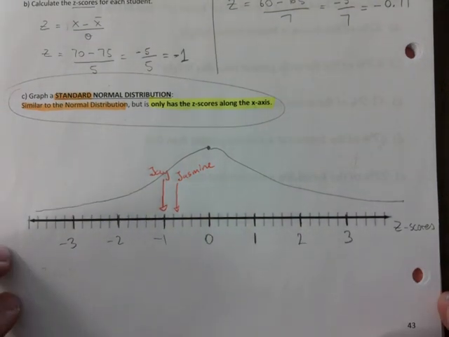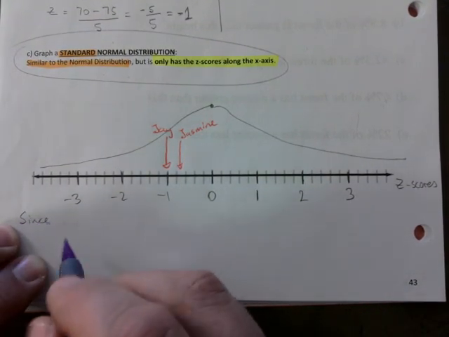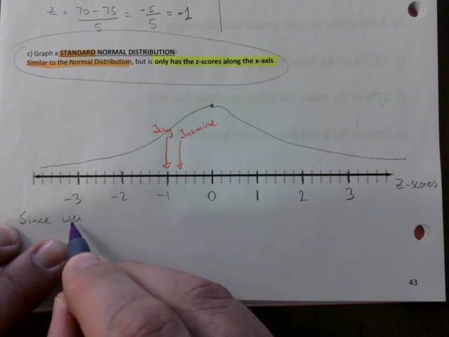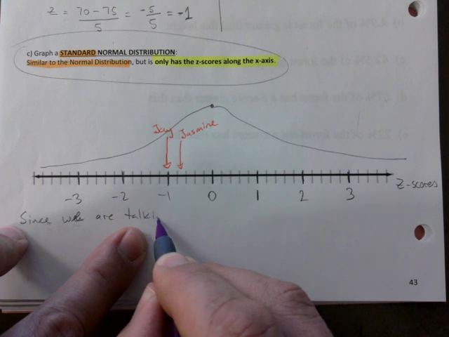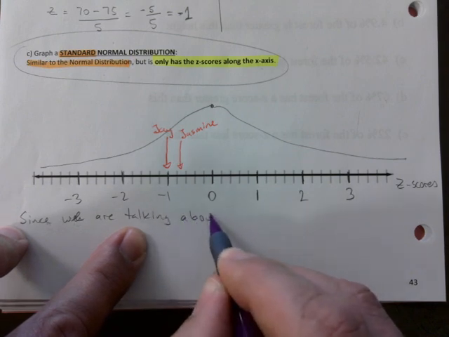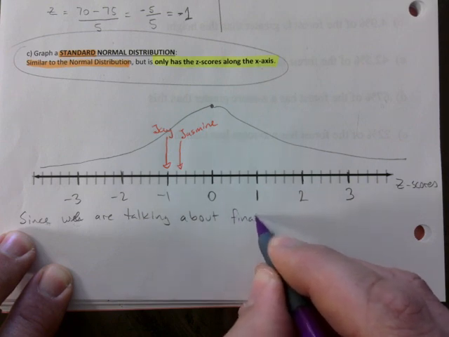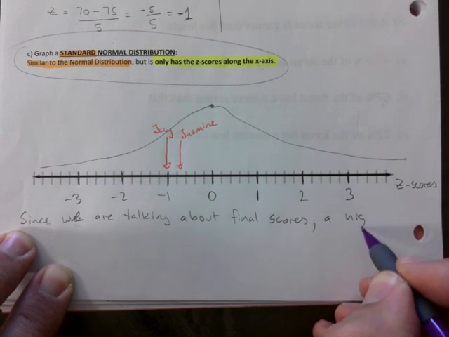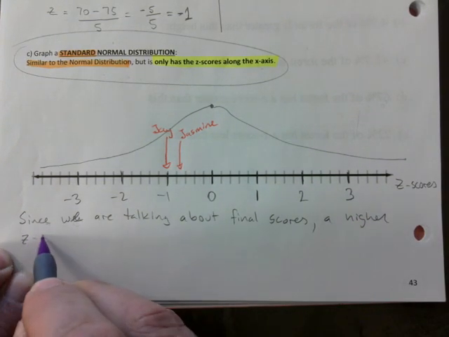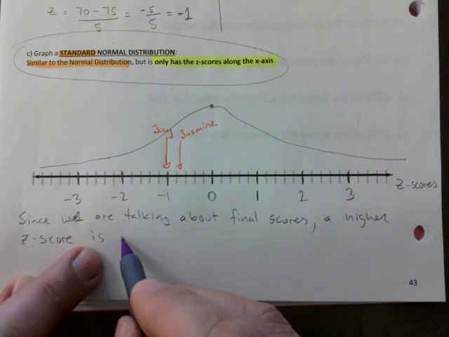Okay, so we're going to say this: since we are talking about final scores, a higher z-score is more desirable.